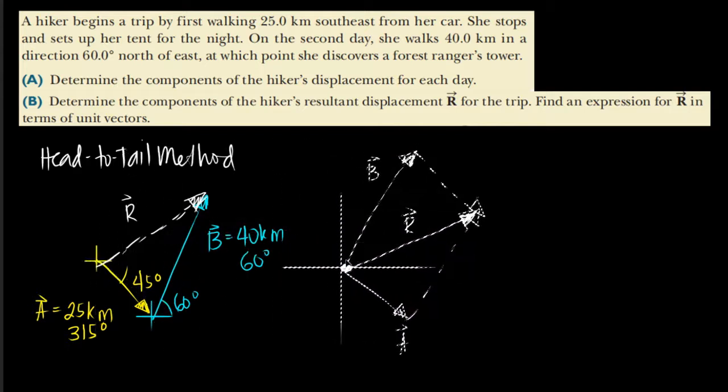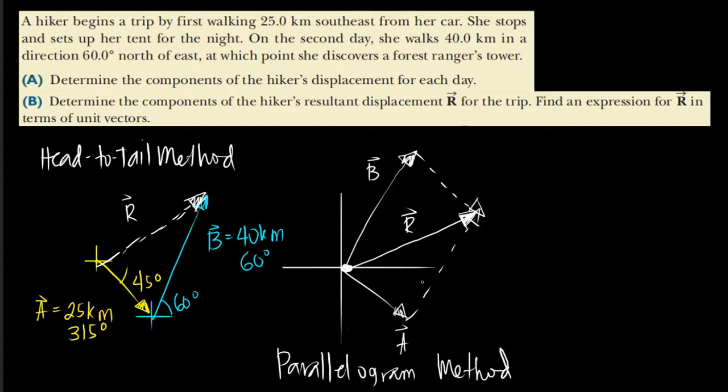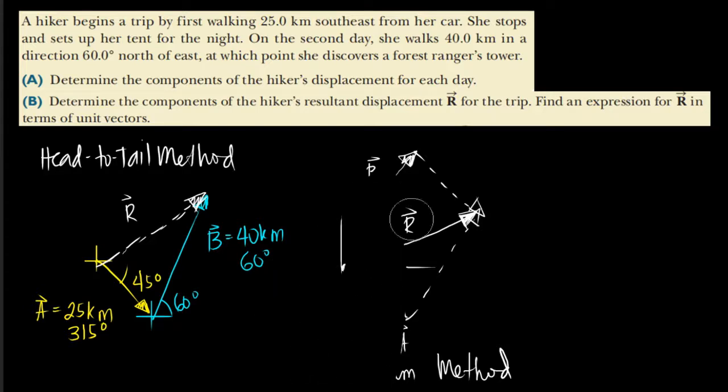So you have the option to use either the parallelogram method or the head-to-tail method to represent your vectors. Since we always use the parallelogram method in class, let's use head-to-tail for this video.